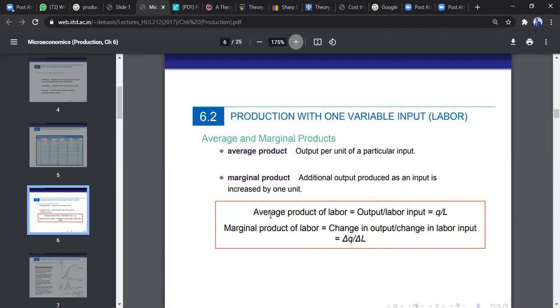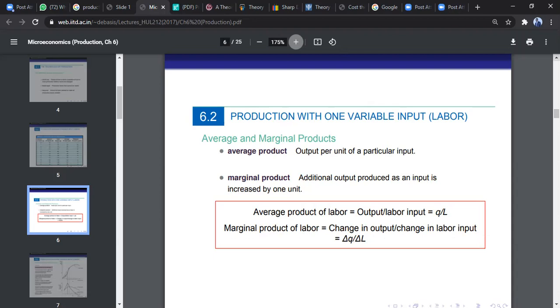So average product of labor is simply the output over the labor unit. So output is simply Q over the labor unit, which is L, and this Q is also the same as the total product. The marginal product of labor is simply the change in the total product over the change in the labor unit.